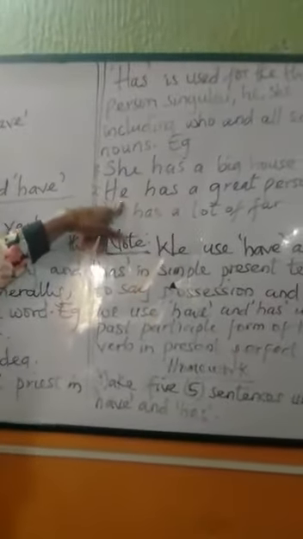That is very wrong and incorrect. The correct one is this: he has a great personality. It has a lot of fur on its body. You don't say it have. It has a lot of fur because it, he, she are third person singular.